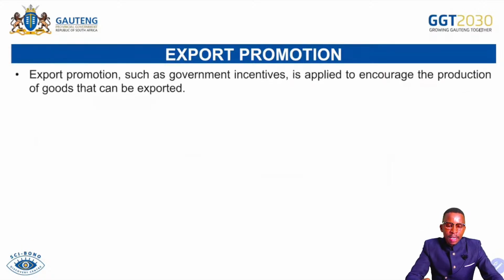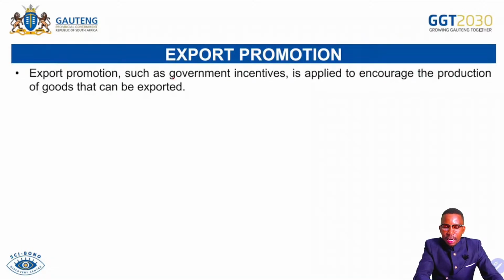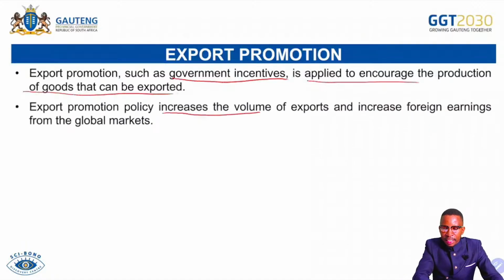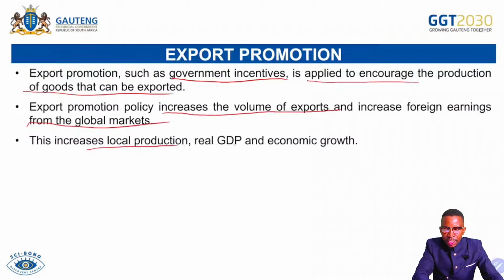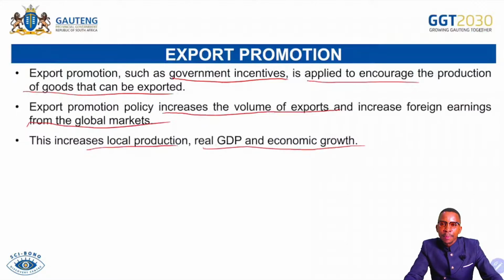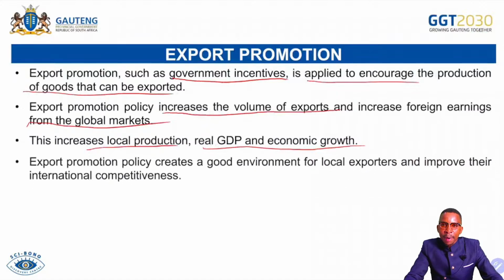Export promotion. Export promotion such as government incentives or subsidies is applied to encourage production of goods that can be exported to the global markets. Export promotion policy increases the volume of exports and increases the foreign earnings from the global markets. So this increased local production, real GDP and economic growth also result in a surplus in terms of trade balance because there will be more money flowing in than the money going out.